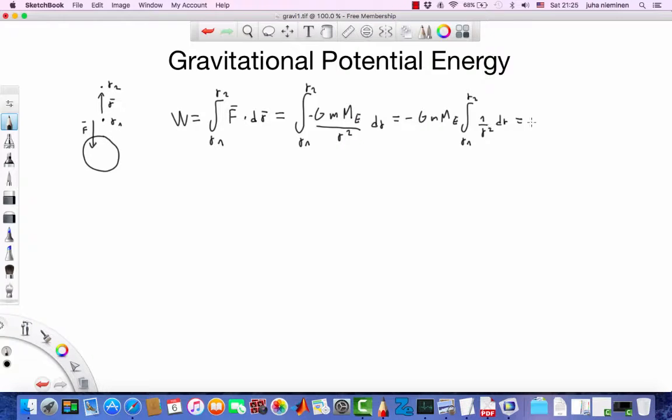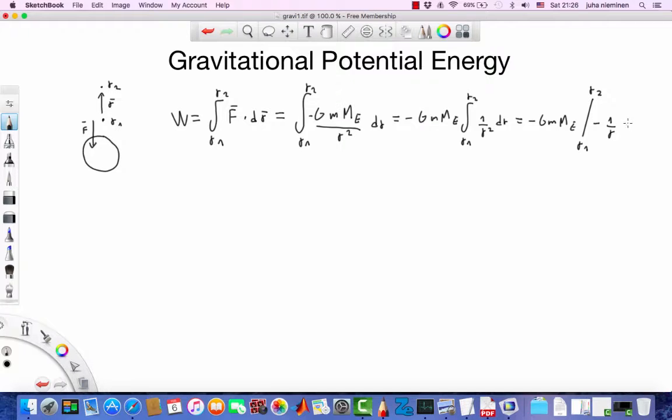And when we integrate this, we still have the stuff in the front, and then substitution from R1 to R2 of minus 1 over r, like this. If you take the derivative of this, you get minus 1 over r squared, or the original, and that minus cancels this one.